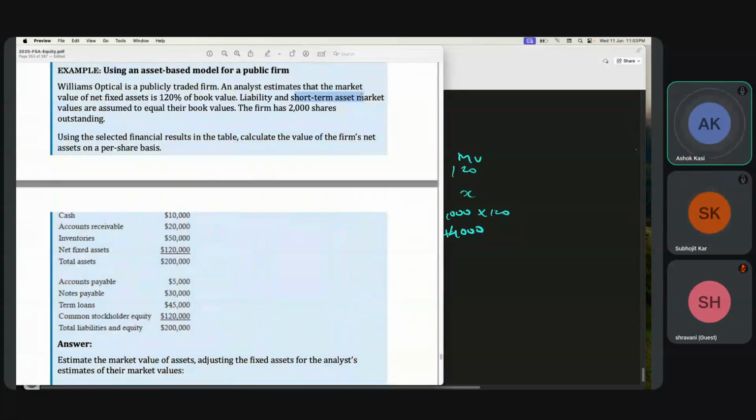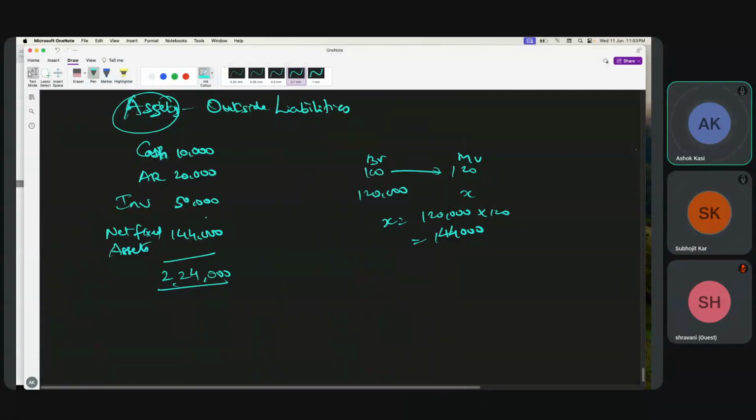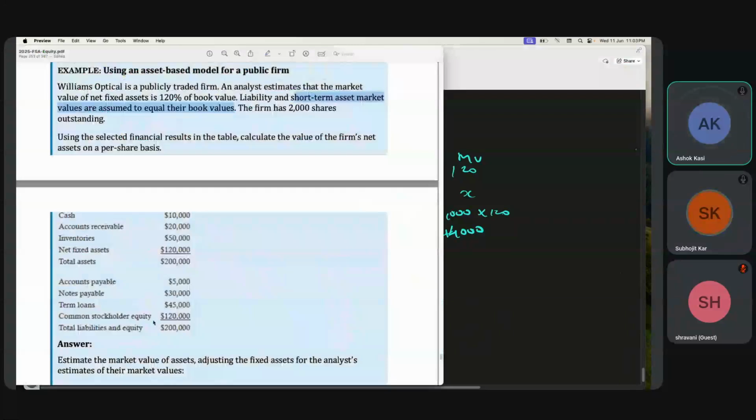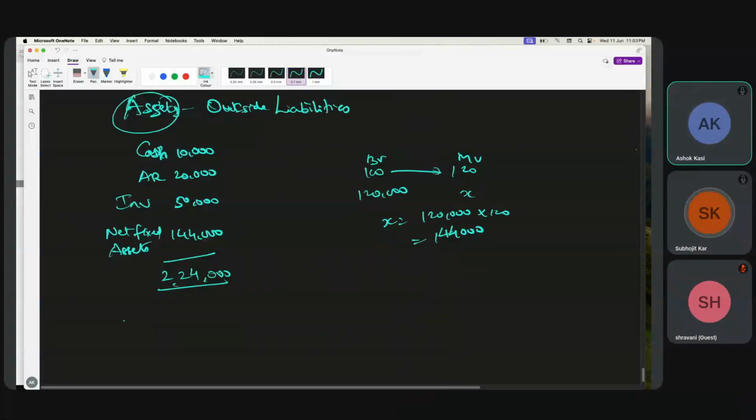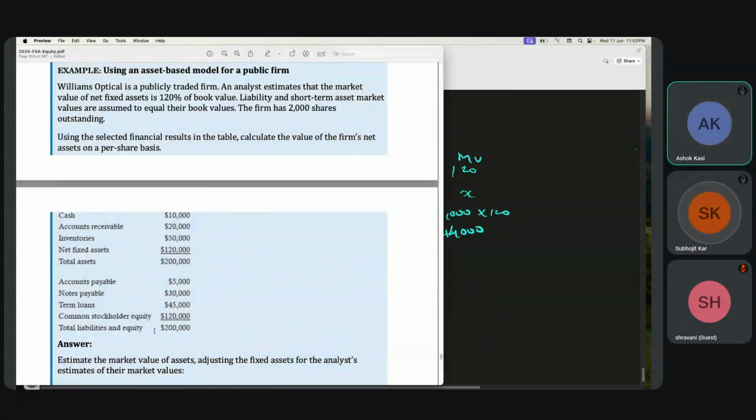Liabilities, they said, are as per the book value only. But outside liabilities means I will not include the common shareholders' equity. So the total is 2 lakhs minus 1,20,000. The rest all is our outside liabilities.